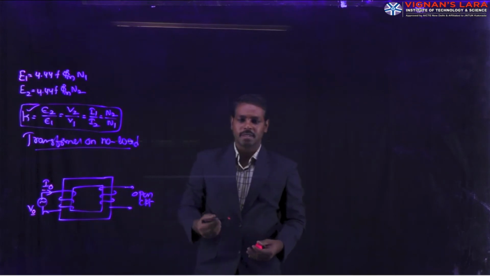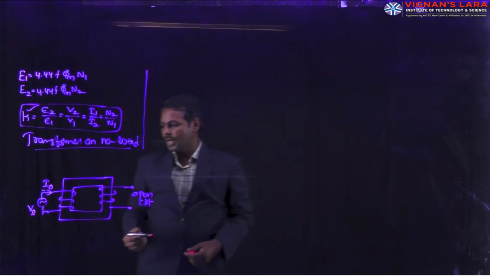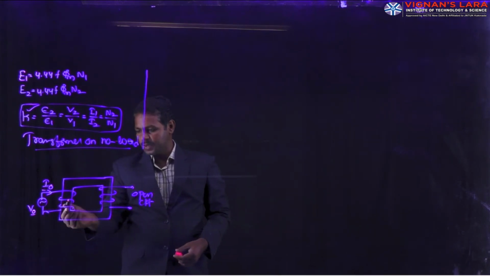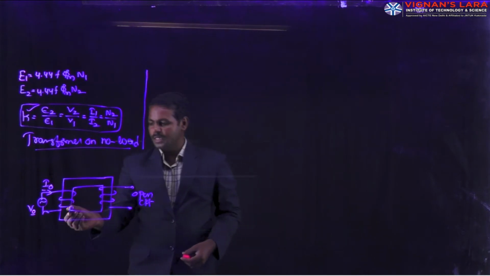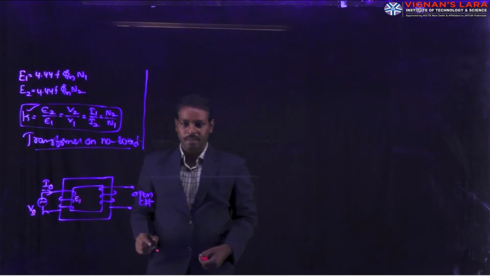The operation of a transformer on no load condition is as follows. Whenever the alternating supply is given to the primary of a transformer, it generates the flux. That flux links with the primary itself and induces an EMF denoted by E1.